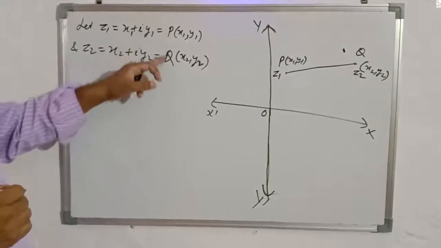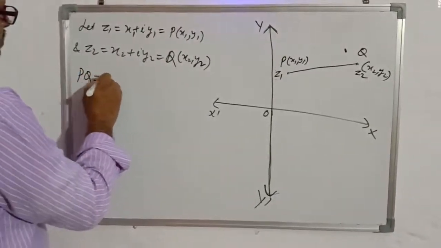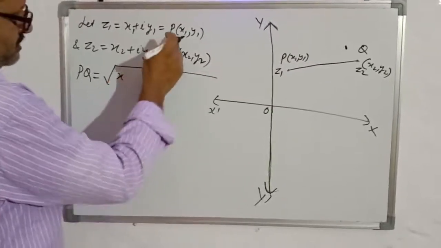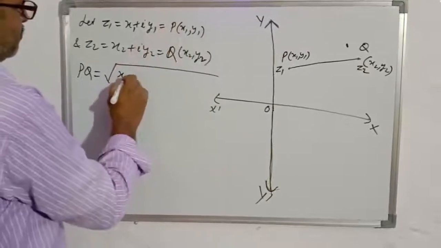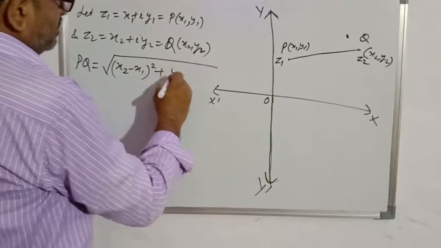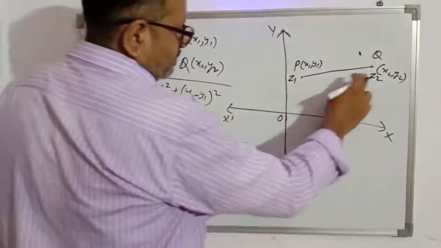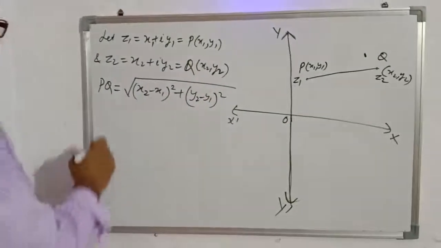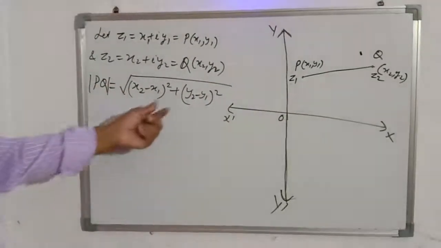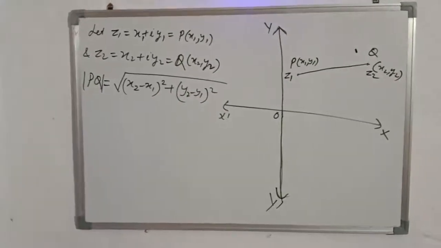So distance PQ, we can write as the square root of (x1 minus x2, or x2 minus x1) whole square plus (y2 minus y1) whole square. Using the distance formula, PQ is the square root of (x2 minus x1) whole square plus (y2 minus y1) whole square.